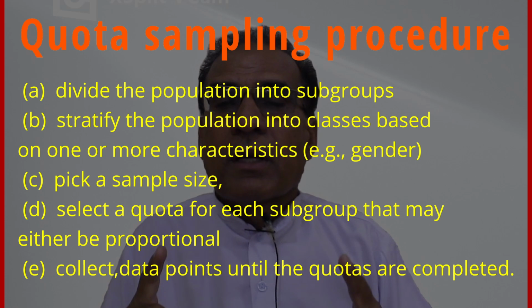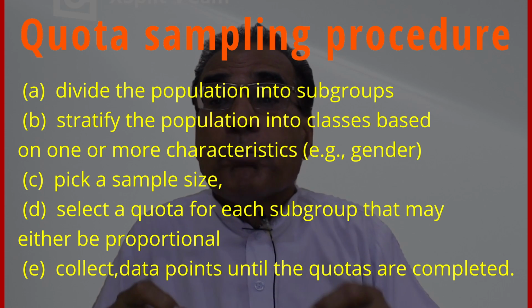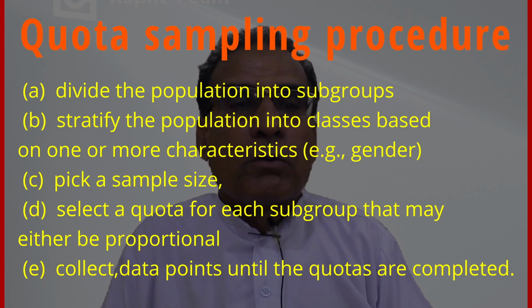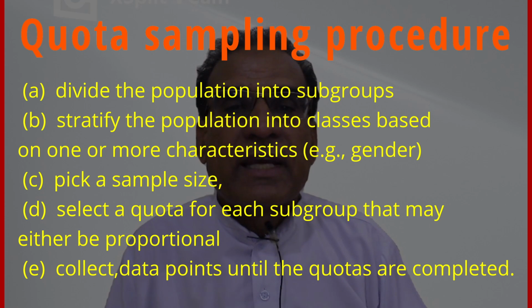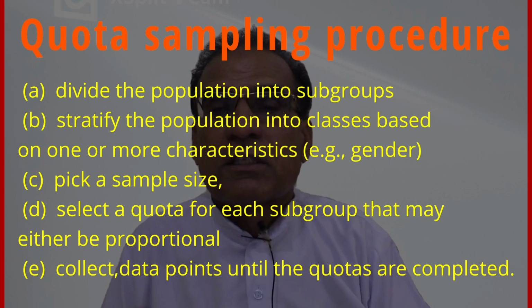For example, divide the population into subgroups that are exhaustive and mutually exclusive. Then, stratify the population into classes based on one or more characteristics, for example, gender, and determine the proportion in each class.